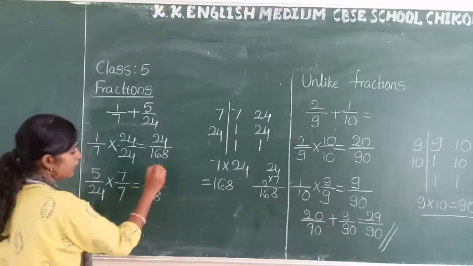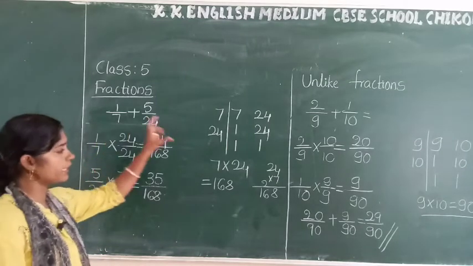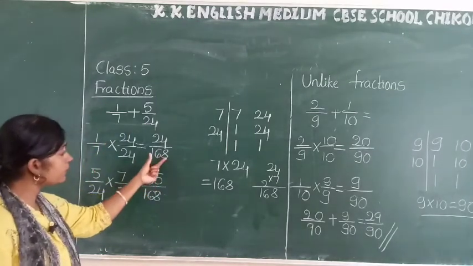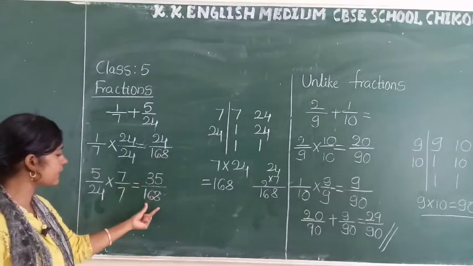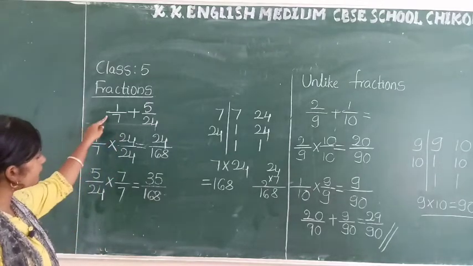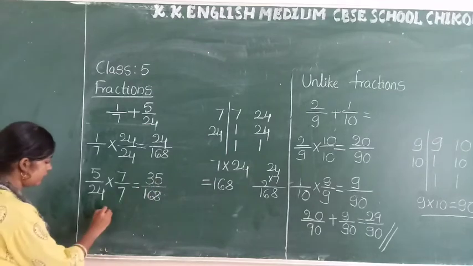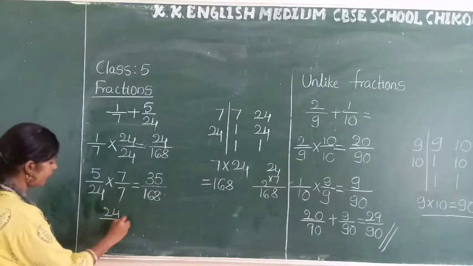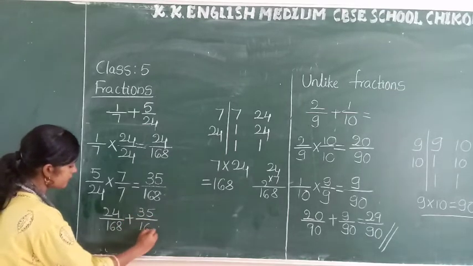I hope you are getting my points. There is no need to worry. First you have to find the LCM, then convert this unlike fraction to like fraction with denominator 168. Now I converted. Here you have to write 24 by 168 plus 35 by 168.